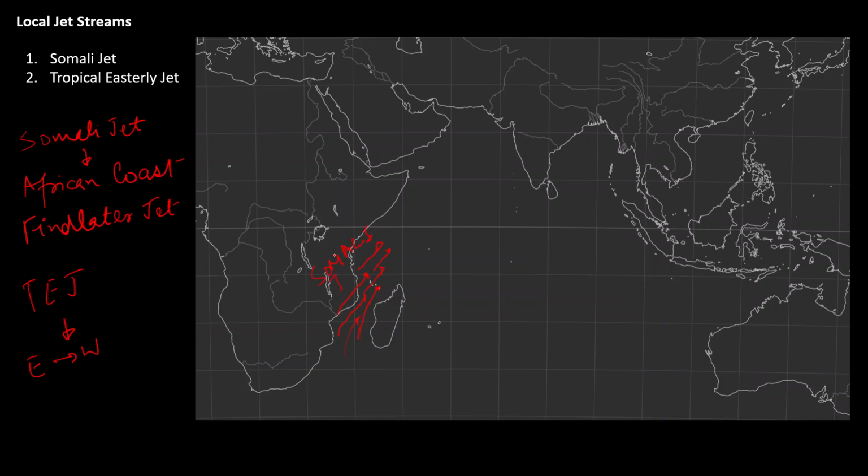Now, during the summer months of the northern hemisphere, that is May, June, July, they are the winter months for the southern hemisphere.